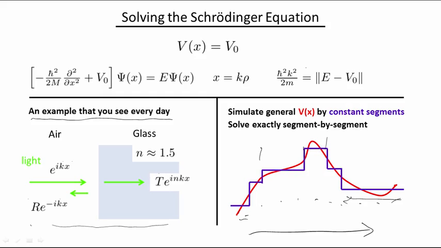Even if the glass is transparent, there is some reflection, and it turns out that this is an example of the potential step function in quantum mechanics. So we have V of x as a function of x. This is air. This is glass.